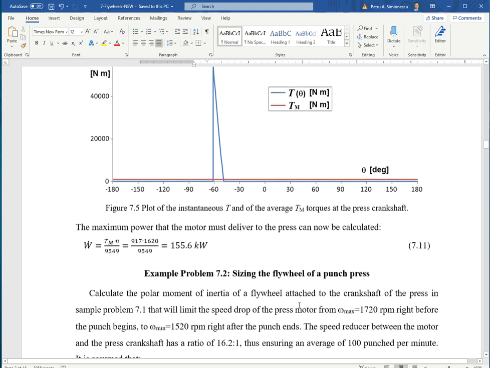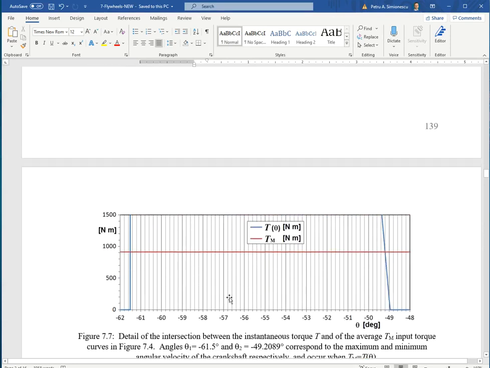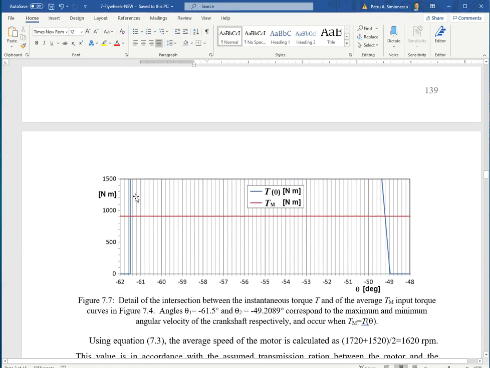So let's look in a little bit more detail. I have here a magnification of the portion of the curve in blue, the resisting torque curve, and the average torque curve. Okay, so before the punch begins, there's excess energy from the electric motor, and that goes to the flywheel.